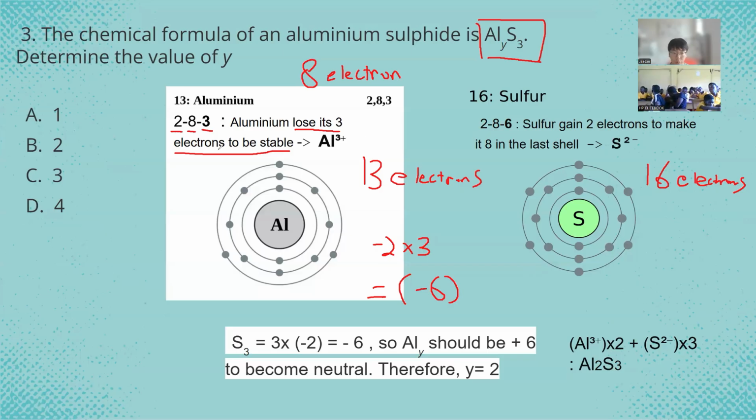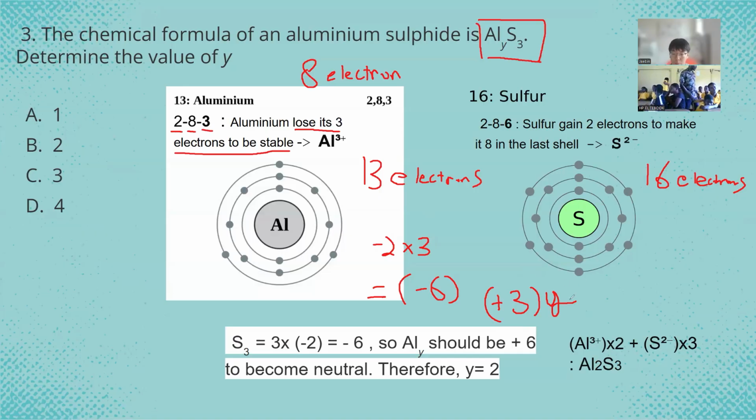We know that aluminum ion is Al3+, positive 3. So positive 3 times which number? Let's call it x. Sorry, the problem said y.